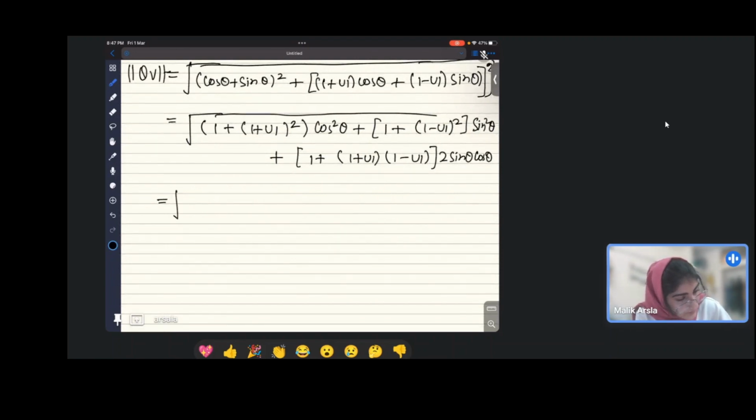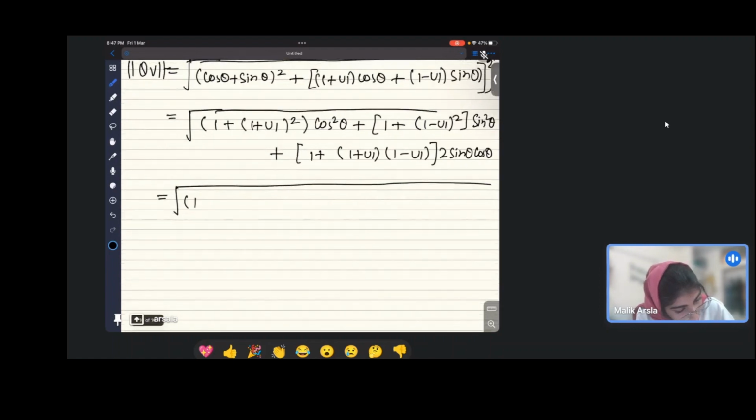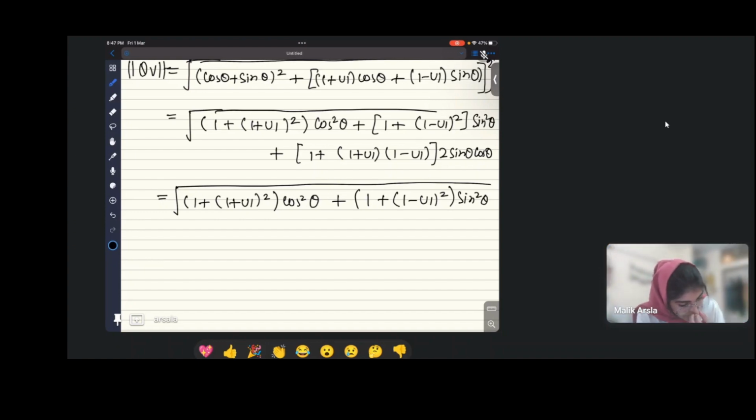Now this thing will be again 1 plus u1 square cos square theta, then 1 plus 1 minus u1 square sine square theta, and plus 2 minus u1 square sine 2 theta.